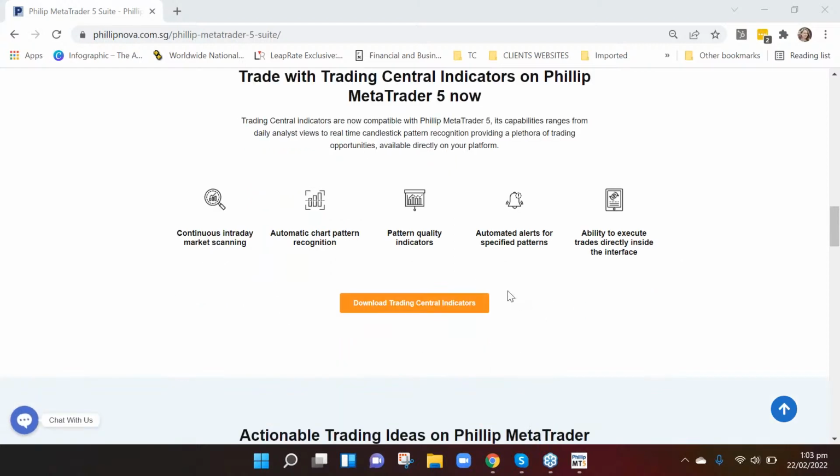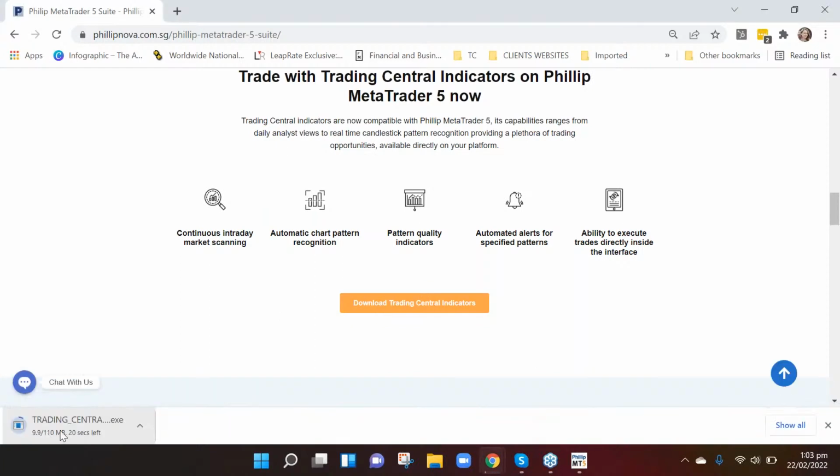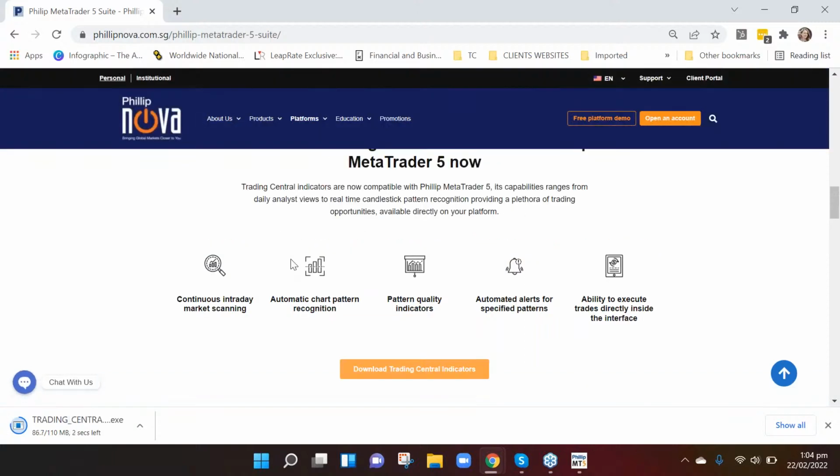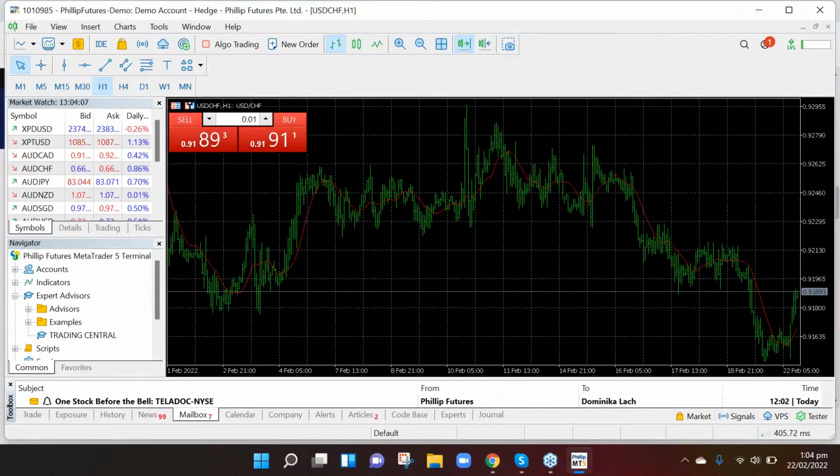And here you have a banner after which you can click download the Trading Central indicators. The plugin starts downloading. It's a plugin suitable for Phillip Nova MetaTrader platform, which after downloading should appear on your platform that you already installed on your PC.